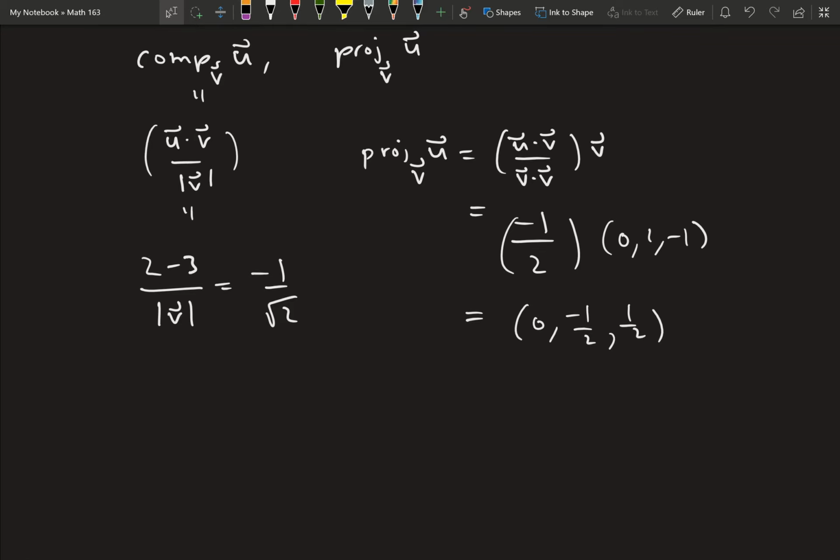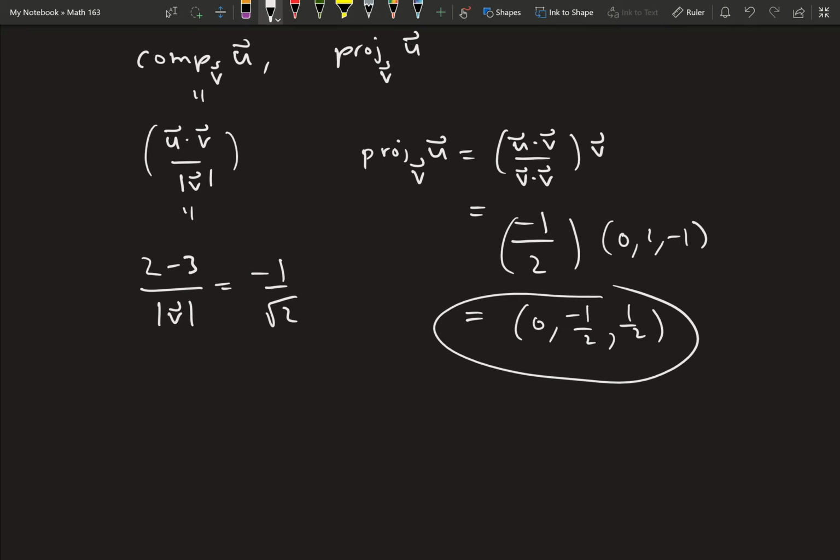Okay, so this is the actual vector itself, and it has length. It's pointing in the negative direction, so this component, the absolute value of the component, is the length of this vector.